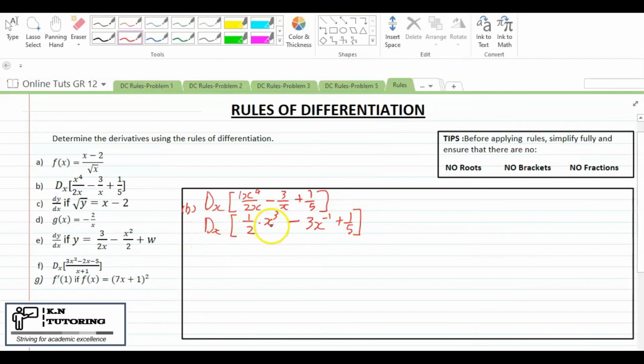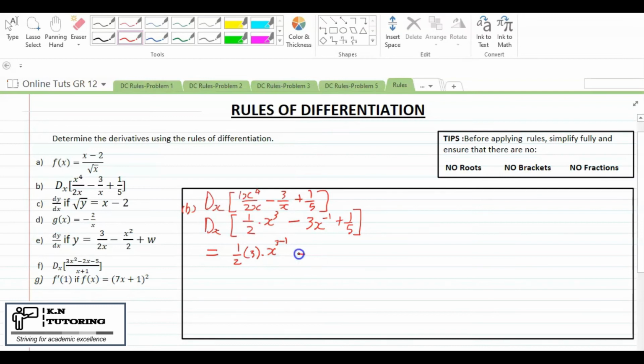Now that I managed to get rid of roots, brackets and fractions, I will start applying my rules of differentiation. For this, we know that there's no notation, so I just say equals to, then I say 1 over 2, then I drop my exponent there, which is 3 multiplied by x, then I take 3, I subtract 1.